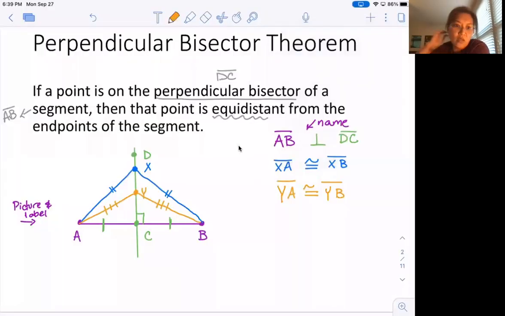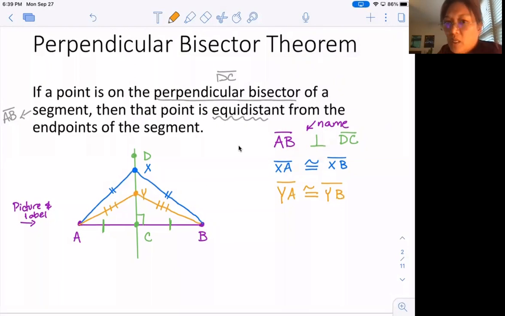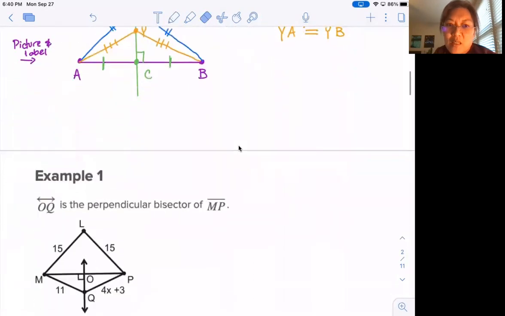Sorry. Now you can see the orange XA, or YA and YB. Here at YA, YB, you can see that they are congruent. Good. You can see me drawing again. All right, so what does that look like?